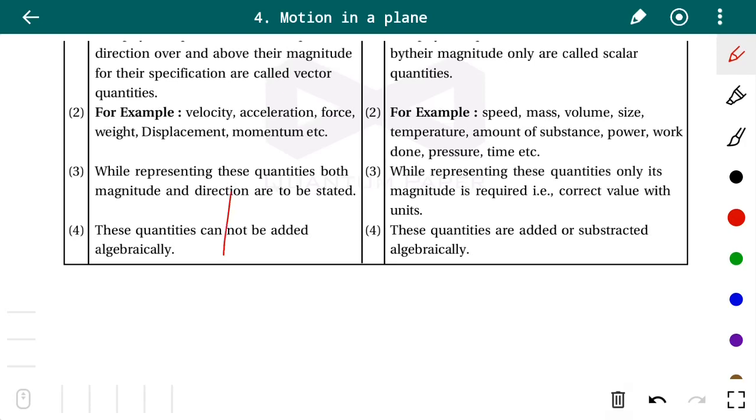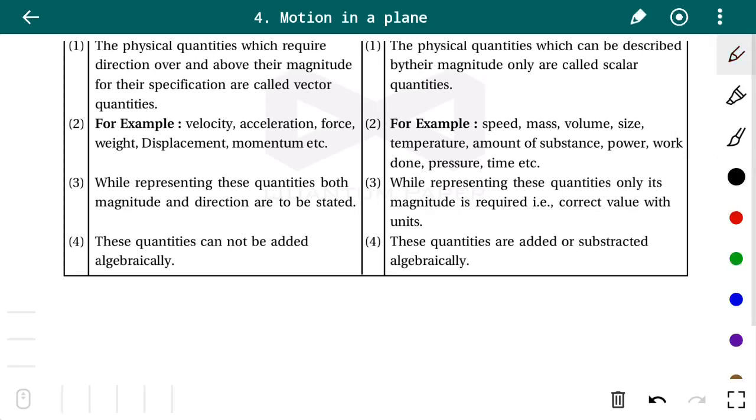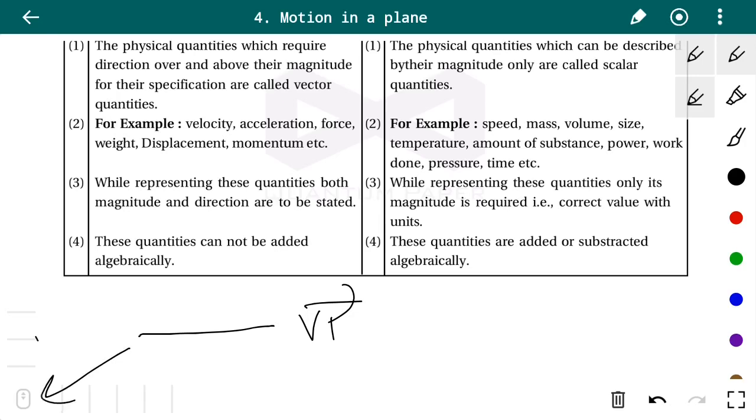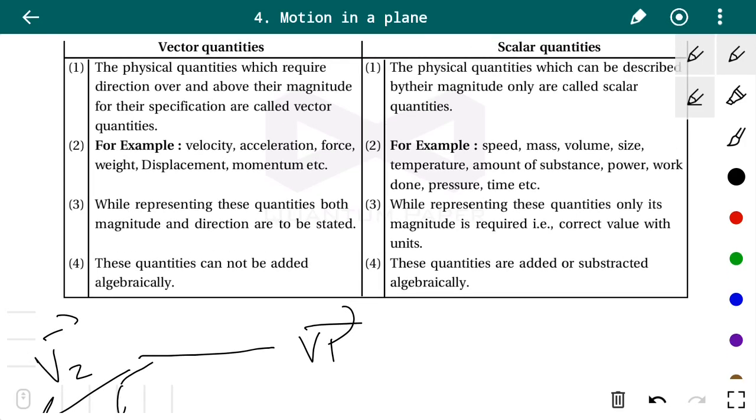But vector quantities cannot be added algebraically, because if we consider the velocity of two objects, say the velocity of the first object is 5 meter per second and it is moving along the x-axis, right, and the velocity of another object is moving along the z-axis, whose magnitude is 10 meter per second.